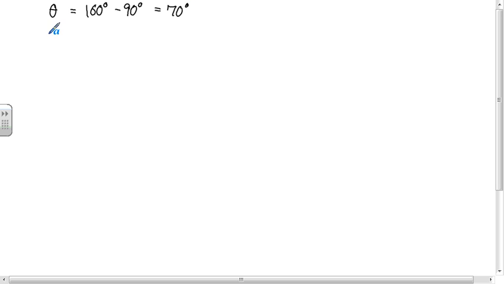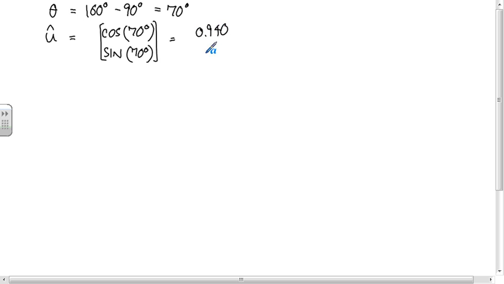And so the unit vector is cosine of 70, sine of 70, which is 0.94 and 0.342.